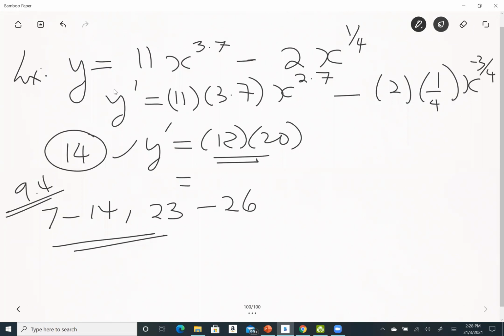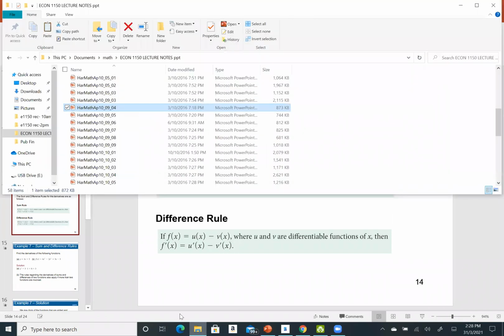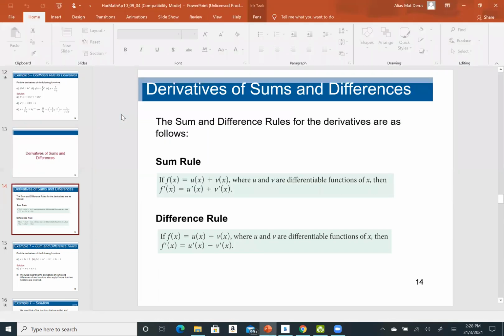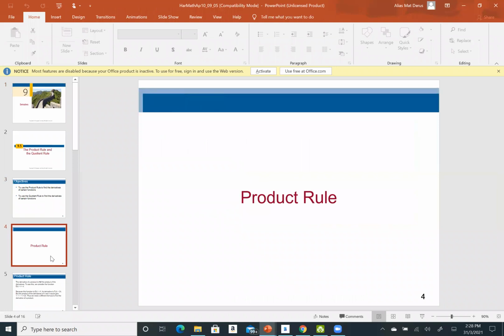So that's 9.4. Now 9.5, you have a different set of rules, called the product rule and the quotient rule. Here, instead of terms added to each other, you have multiplicative terms. That means there are terms of x multiplied by another term.